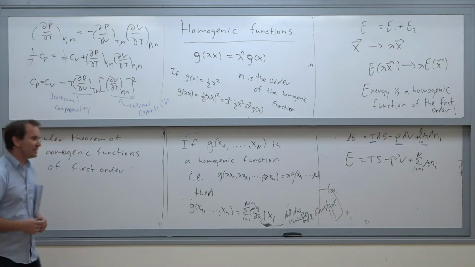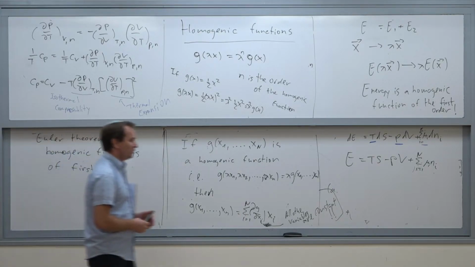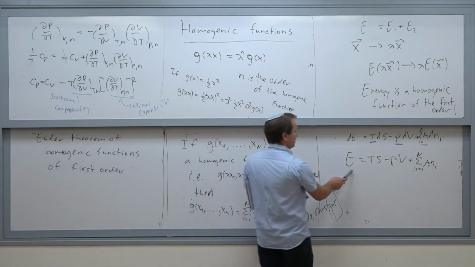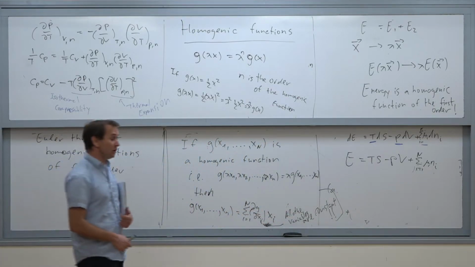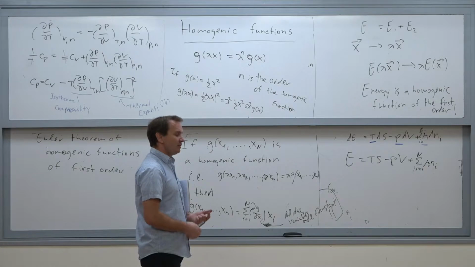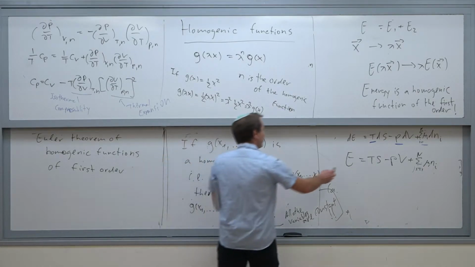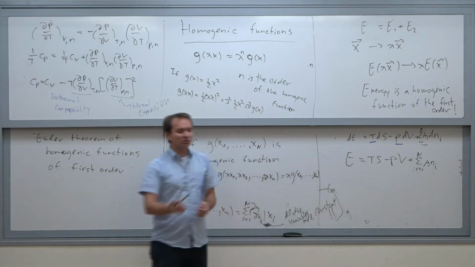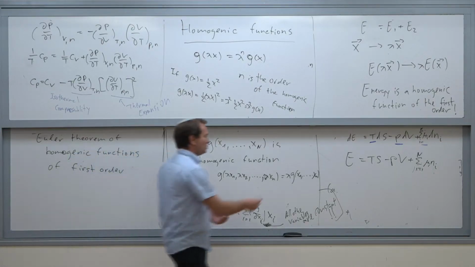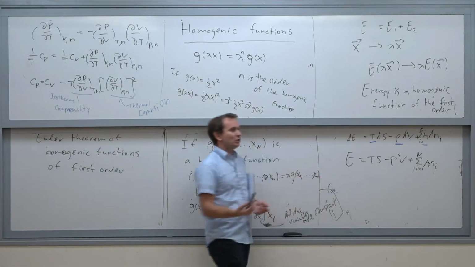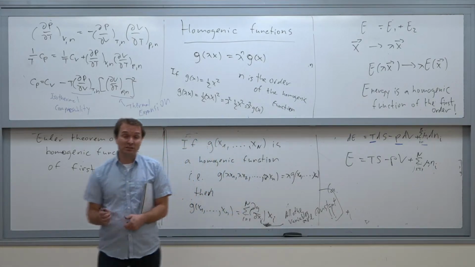And we can do exactly the same thing if we know the energy. We know enthalpy, we know free energy, we know Gibbs free energy. Why? Because we transform energy to all the other functions of state by means of Legendre transformation. Knowledge of the energy exactly defines knowledge of all the other functions.